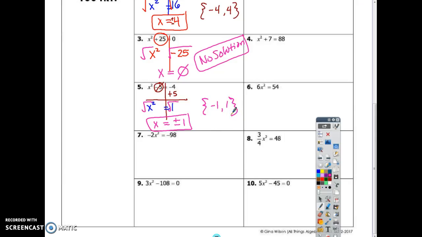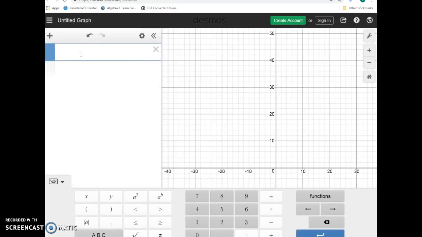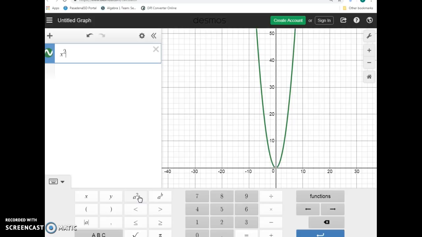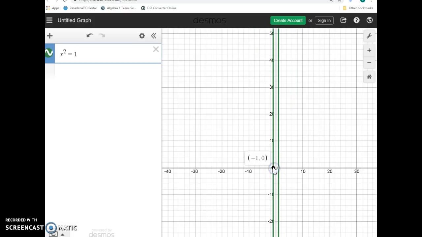And again, you can check this in the calculator. In Desmos, you can check, let's put x squared equals 1. Negative 1 and positive 1.